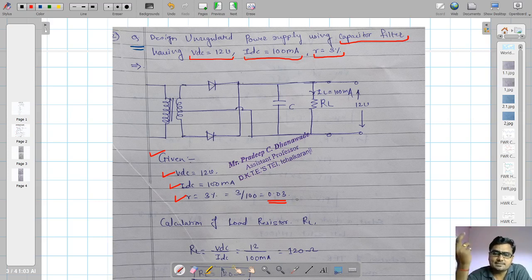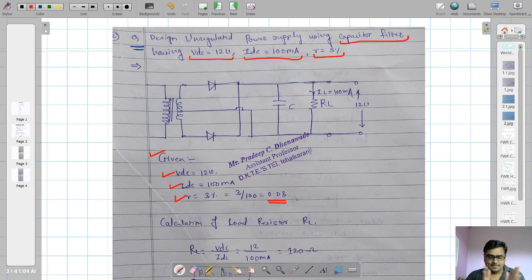But generally, whenever a filter comes into the picture, you assume it is a full wave rectifier. It is always good practice to have a full wave rectifier with all the filters, because a full wave rectifier is suitable with an inductor as well as a capacitor. But a half wave rectifier is suitable only with the capacitor, not with the inductor kind of thing.